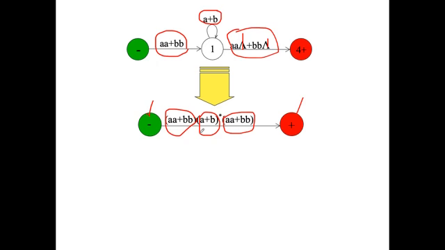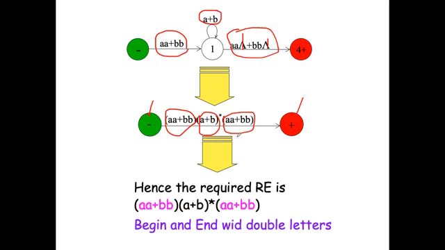So this is our regular expression. Hence the required regular expression is (aa + bb)(a + b)*(aa + bb), which means begin and end with double letters. This is the definition of the language.